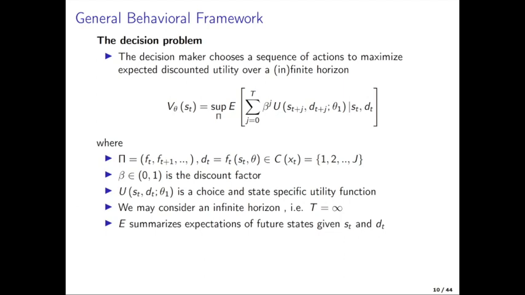Now this is the value function. The problem Harold Zurcher is solving is finding those policy functions pi that maximize that future stream of utility.